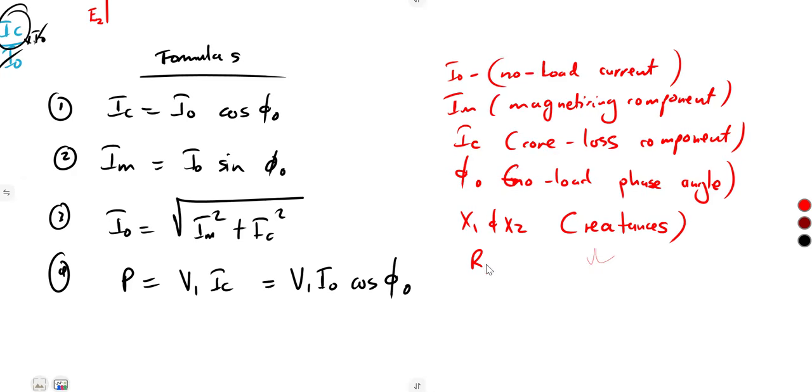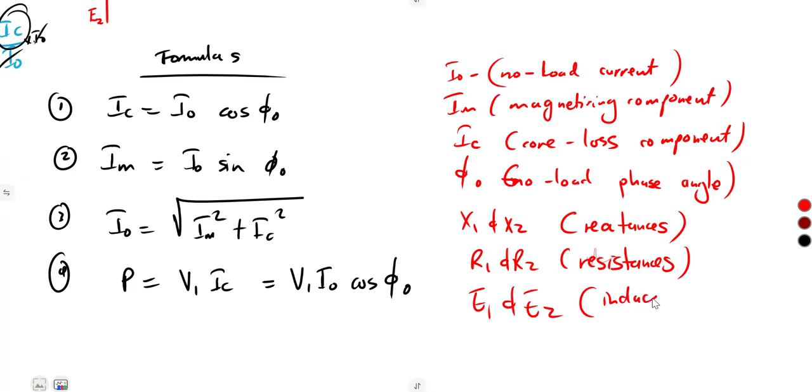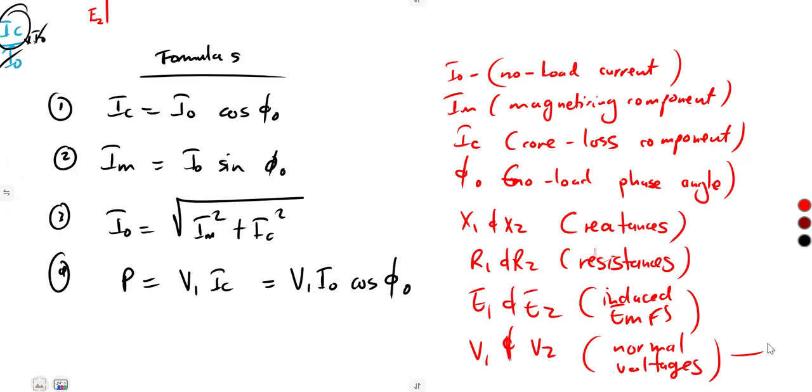Then we have R1 and R2. Those are resistances, one on the primary, another one on the secondary. Then E1 and E2 are induced EMFs. And we have V1 and V2, normal voltages. So that's it.